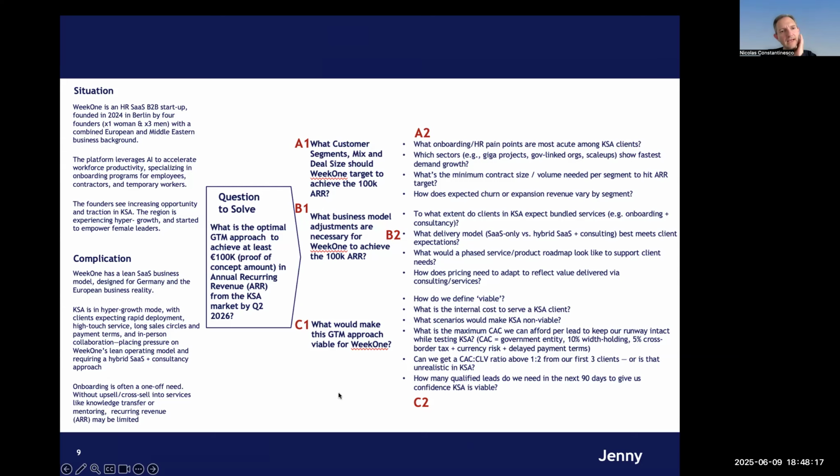So, level one, I would actually simplify the first question to what customer segments should we target?